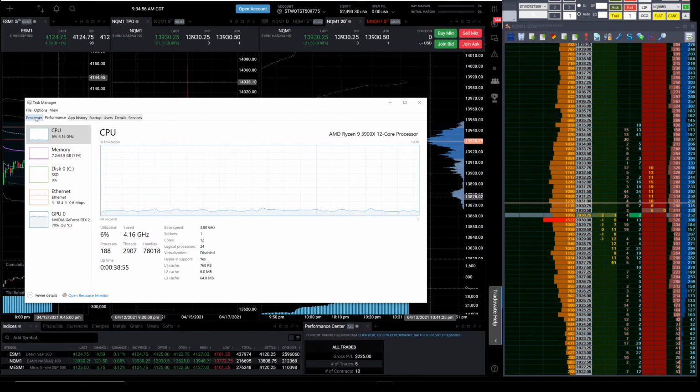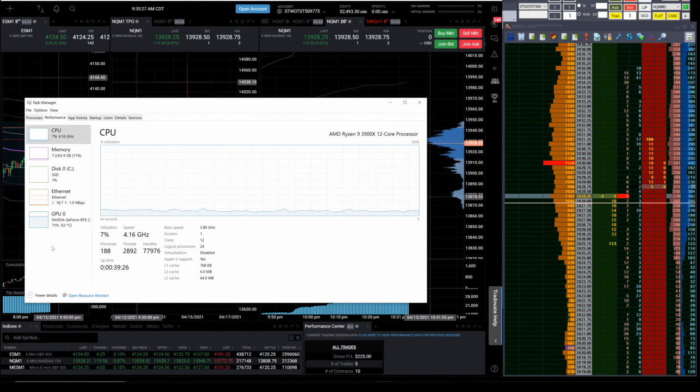The CPU should not be an issue either, as it's real low, obviously. And we were pushing the GPU, so there we have it. And it's running at 53C. I'll have to check what the spec on the NVIDIA GeForce is. It's an RTX 2060 Super with 8 gigs of RAM.